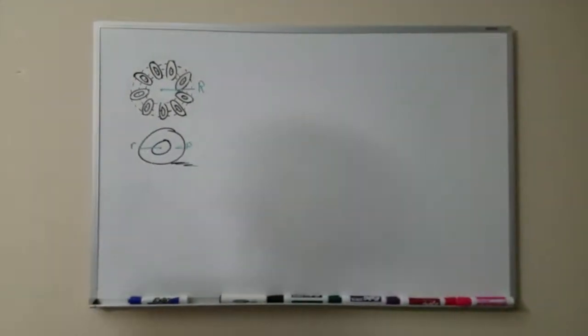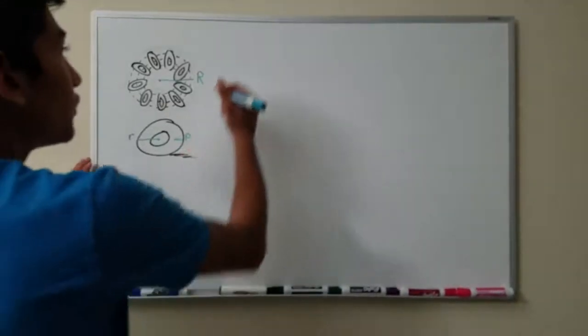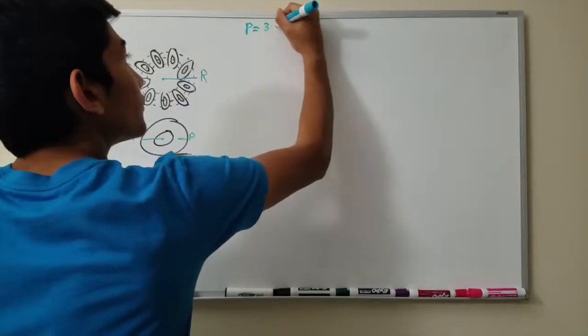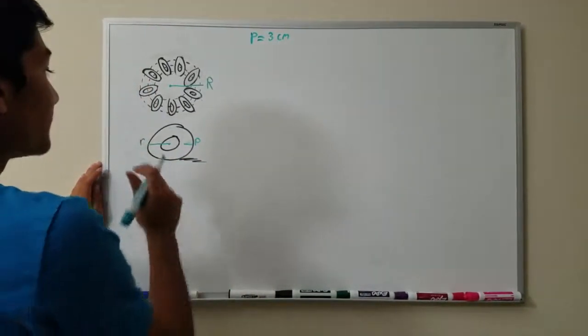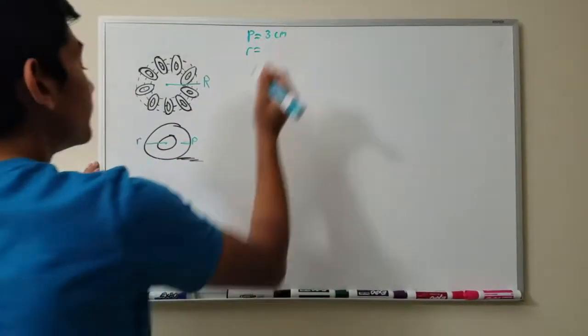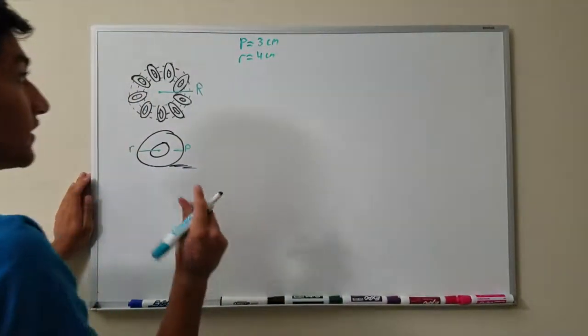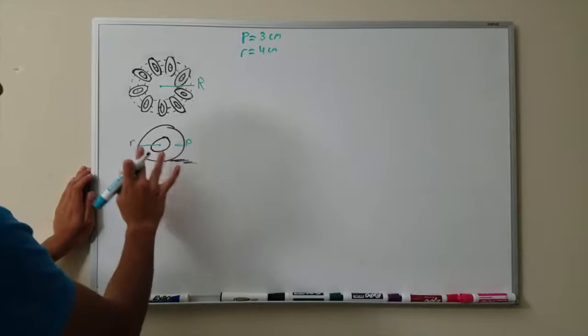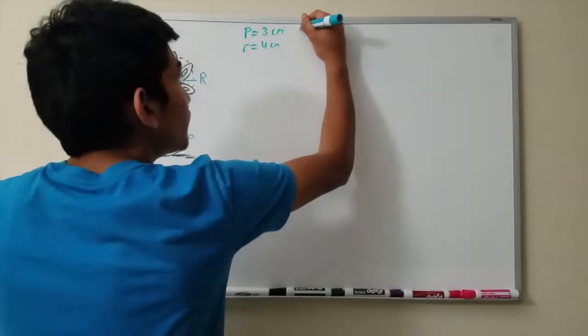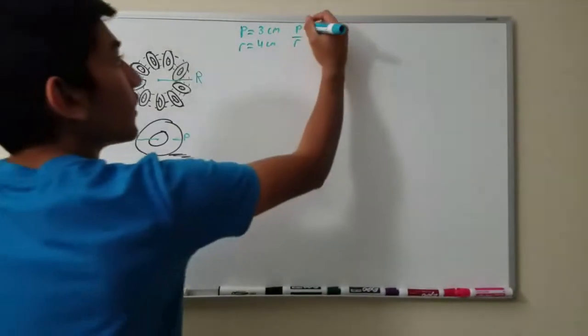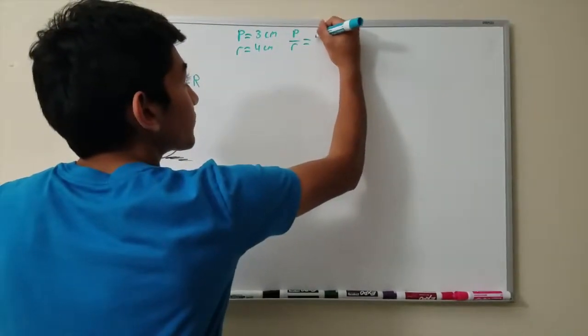So let's quickly review what we know so far. We know that the minor radius of the base donut, which is P, is equal to 3 centimeters, and that the major radius of the base donut is equal to 4 centimeters at the beginning. And we know that these two values stay in the same proportion, so the ratio of P to R is going to be equal to 3 to 4.